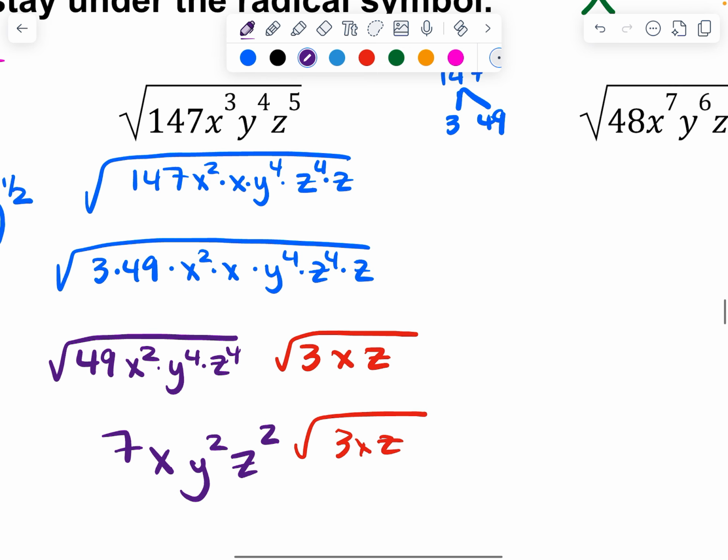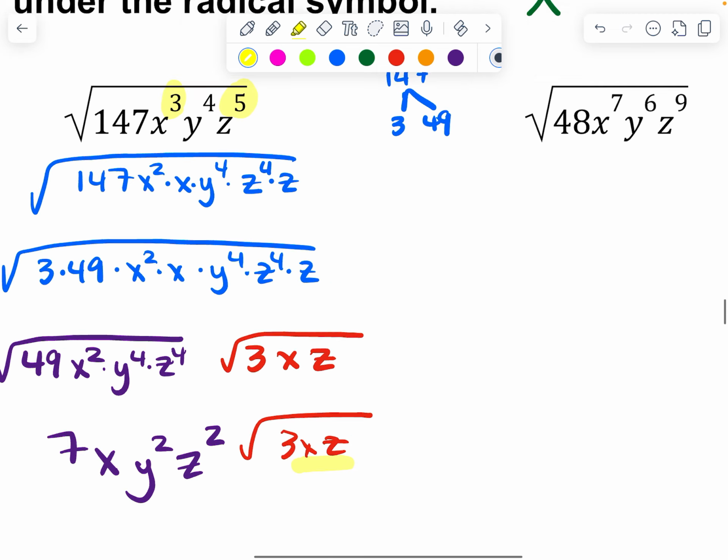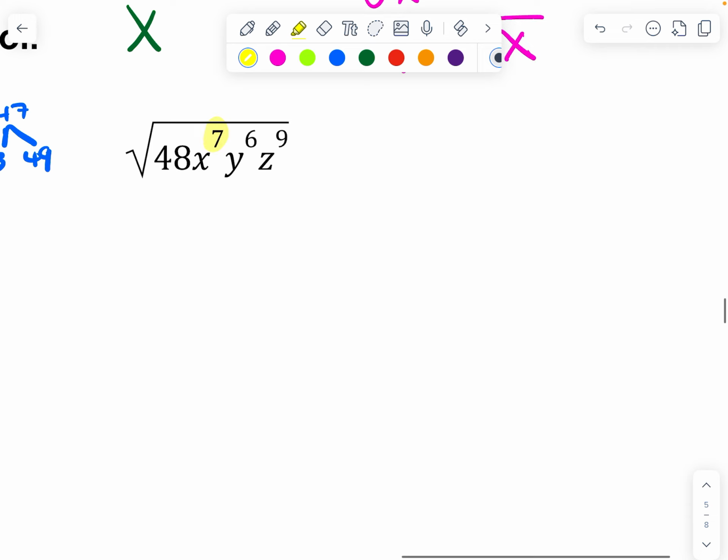Now, if I was just to look from the very beginning, do you see how this is an odd exponent and this is an odd exponent? Do you notice how both of those are down here in the answer? Okay, so let's look at this next question. Okay, look at this.